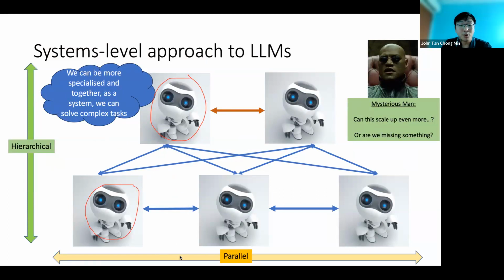For example, this one could be text semantic understanding. This agent here could do image understanding. Another agent might be doing something to do with math understanding. So you could have very specialized agents, and maybe at the top you can do stock trading creation.